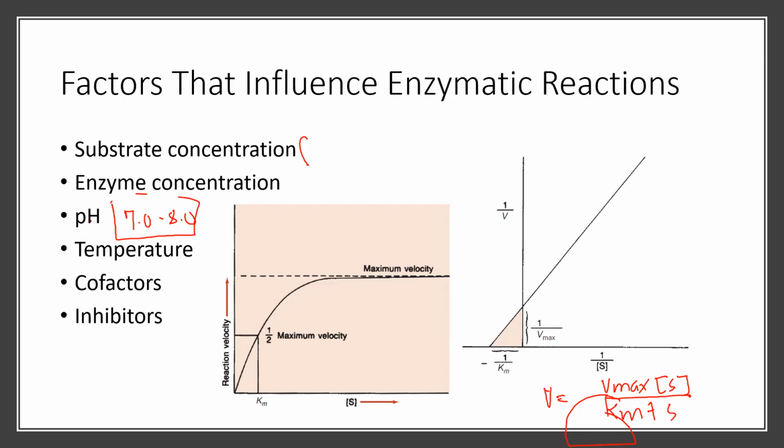Aside from that, you also have the temperature. Take note, when the temperature increases, the chemical reaction increases. When the chemical reaction increases, it means the movement of chemicals and molecules also increases.